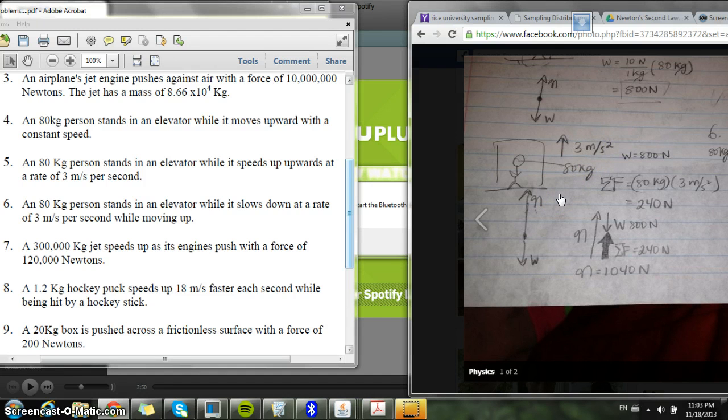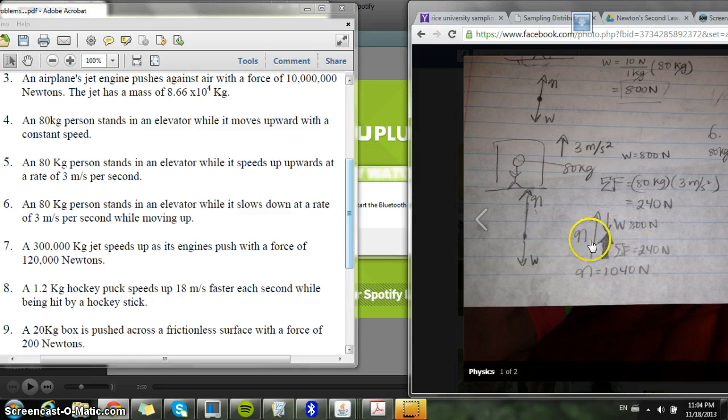And again, our weight is going to be the same as the previous problem, 800 newtons, because our gravity field didn't change, and neither did our system's mass, the person. And so we have to find the net force, and we do that by using our equation, mass times acceleration. Our mass is 80 kilograms times acceleration, 3 meters per second squared, and that'll give us 240 newtons, which is our net force.